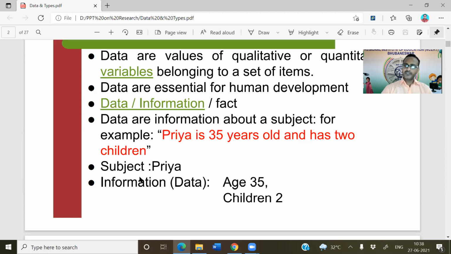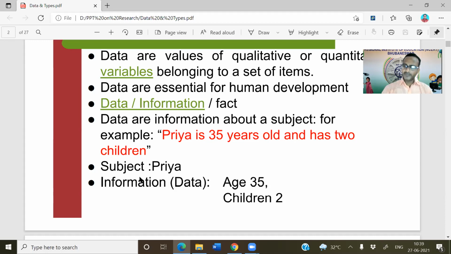If you come to an education situation, you say, student X secured 45 marks in science. So your student X is the subject. 45 marks is data or information. So if you put together, student X secured 45 marks in science, in math, in English.